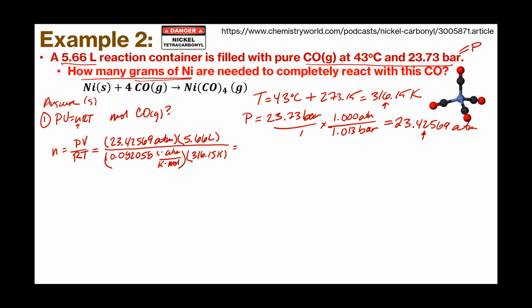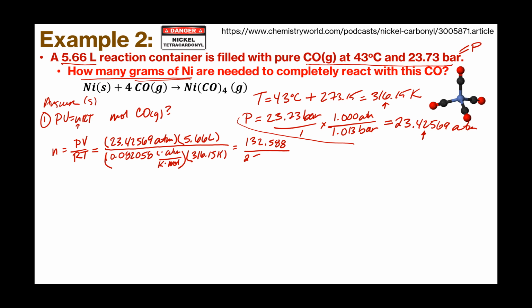Okay. If we multiply the top, 132.588. I always do it this way when we're solving for moles, because sometimes calculators just get confused and it's easier to do it in steps so calculators don't get confused.